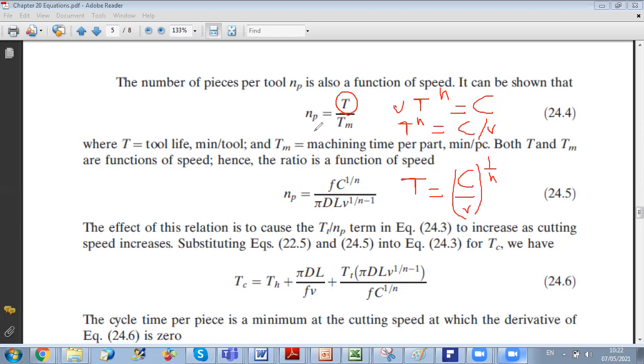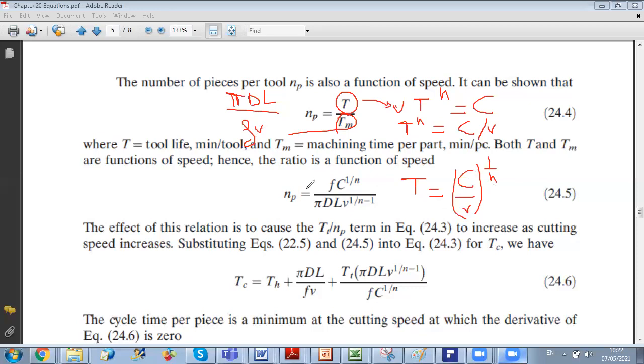Also for the machining time, we have seen together the expression of the machining time. The machining time is pi d l over f v. So now if you replace T by its expression as a function of V, and you replace Tm by its expression as a function of V, you will have the following.